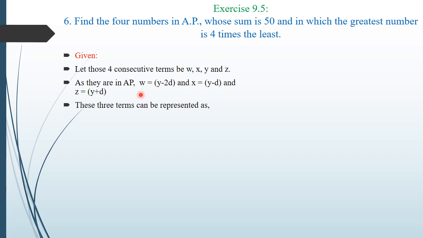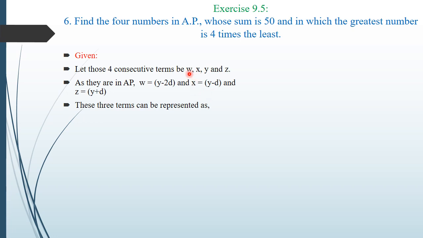Now we know that x can be represented in terms of y as y minus d, and z as y plus d. Now if I want to calculate one more term which is previous to term x, I just need to subtract one more d, because any term previous to any term will be that term minus the common difference.